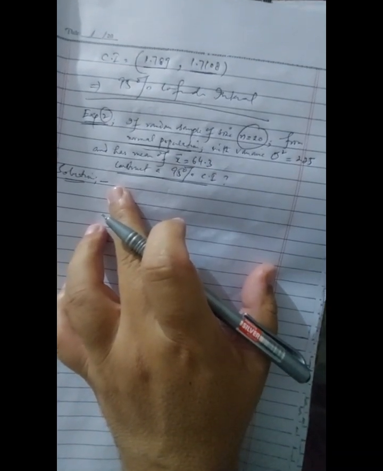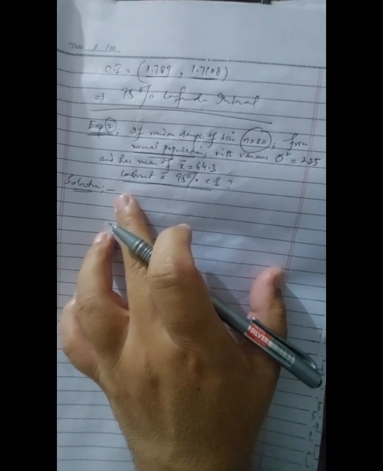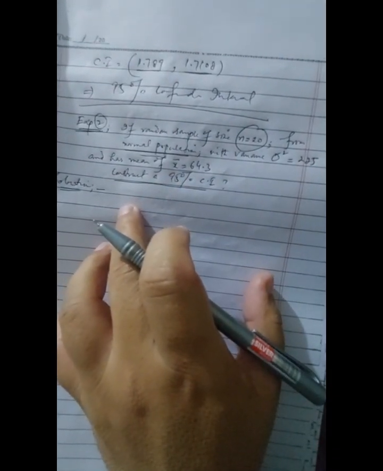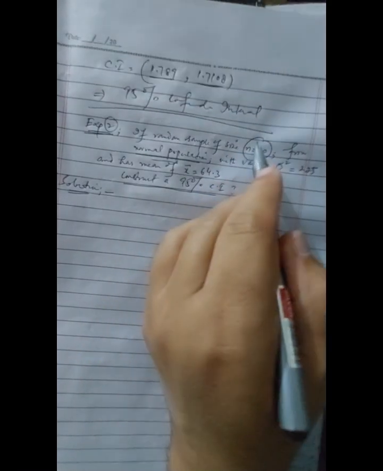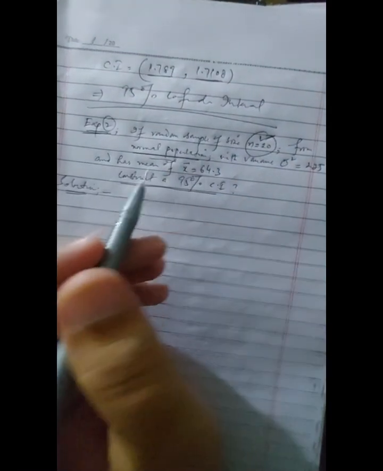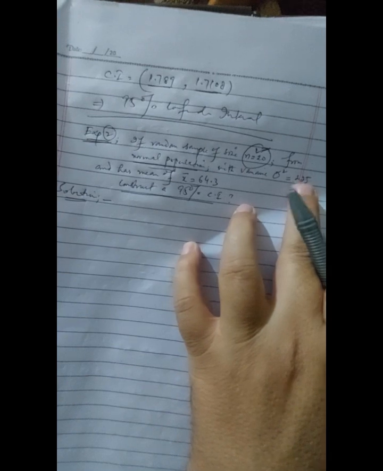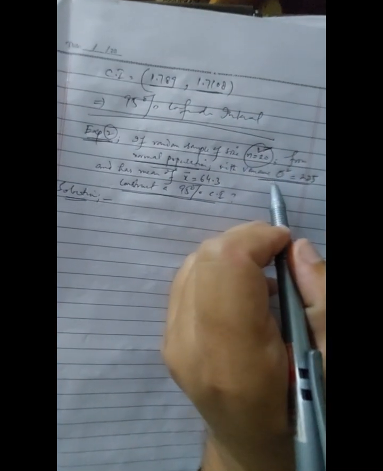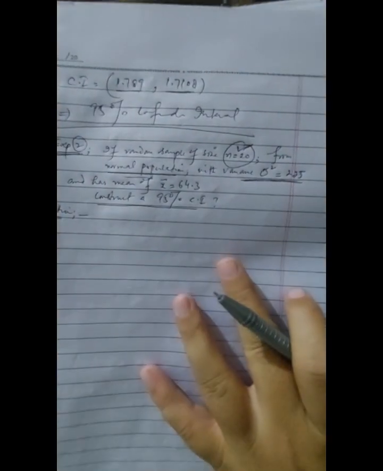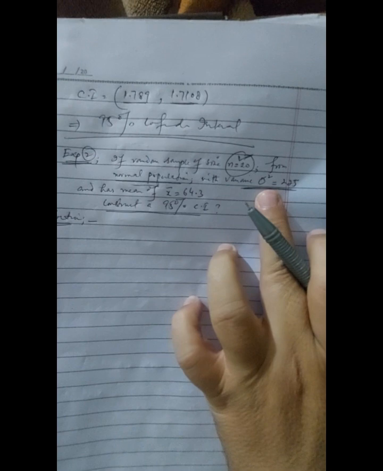To start the solution, we first see if it falls under the category of the Z table or the T table. So the first thing is that we have a sample size of n equal to 20, which is less than 30, so it is a small sample, and it follows normal distribution with variance sigma square equal to 225, so this is the variance of the population.